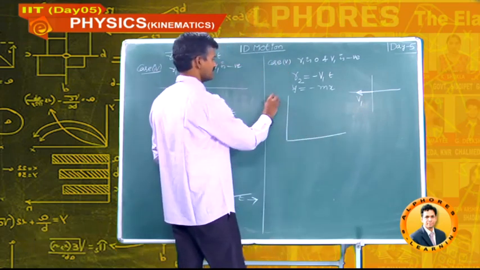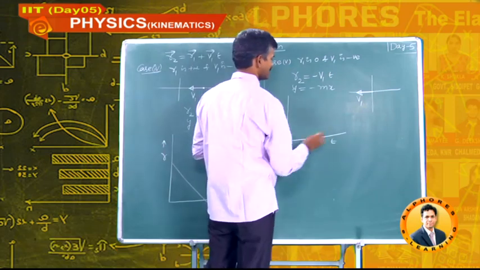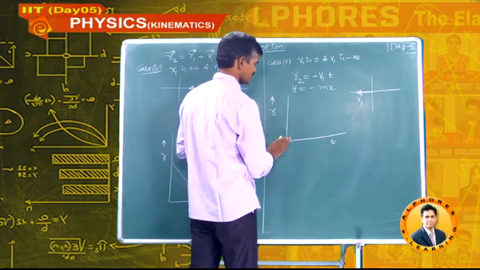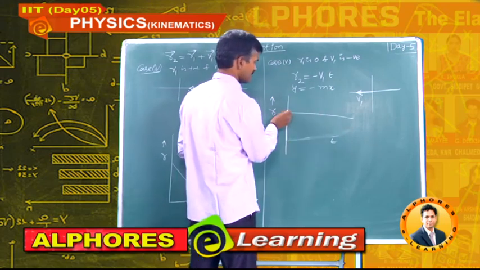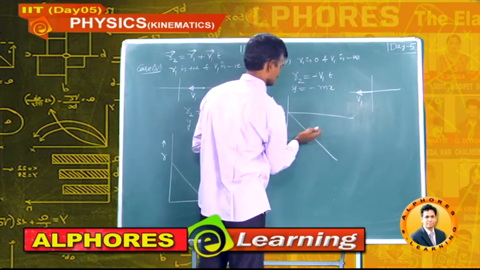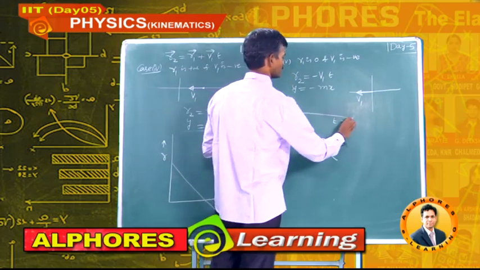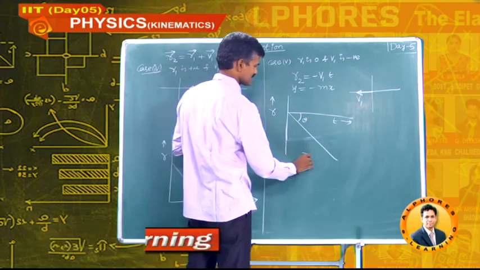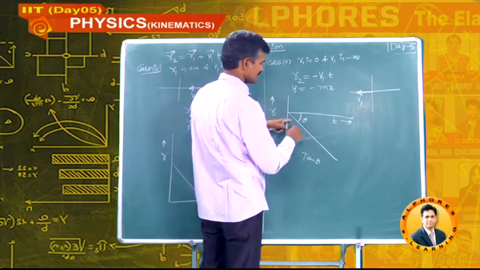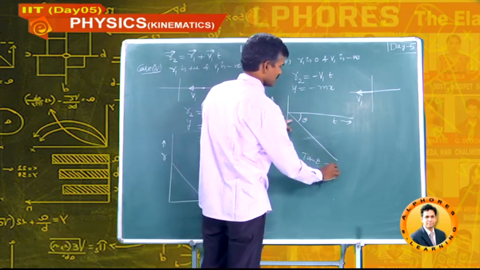This is position and this is time. This is the position time graph. Here also slope, you can calculate tan theta. Tan theta gives V1.